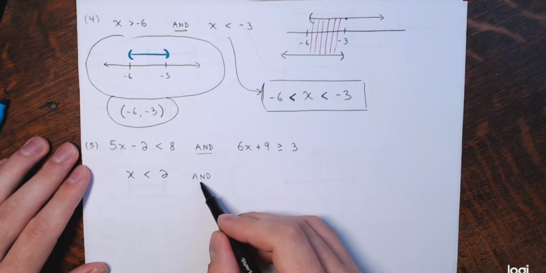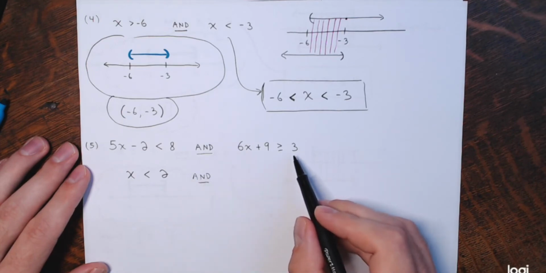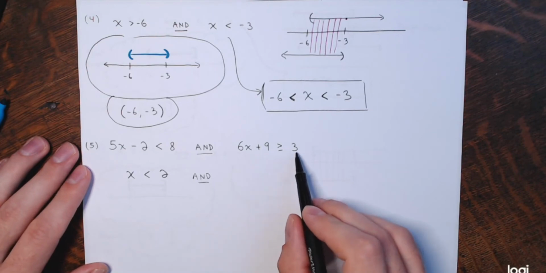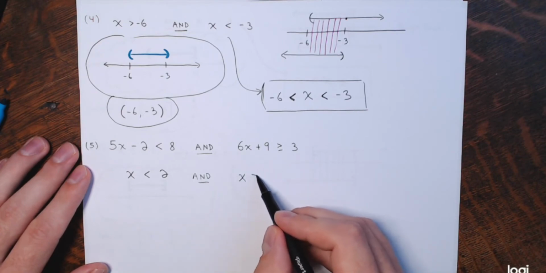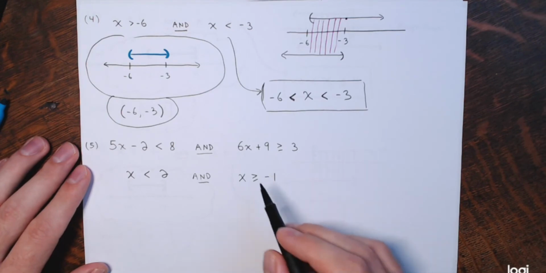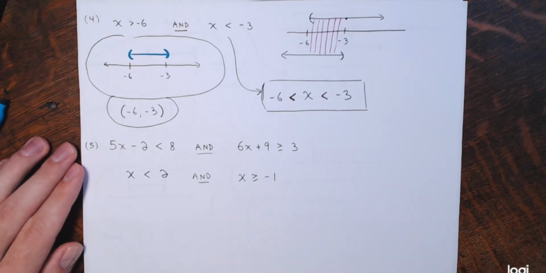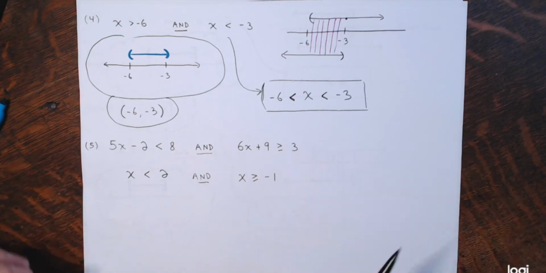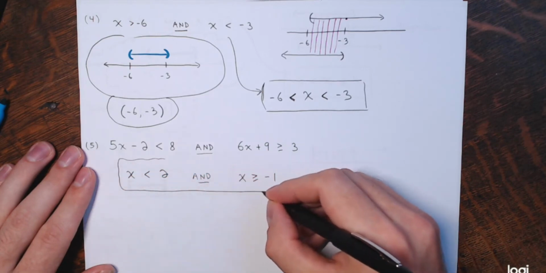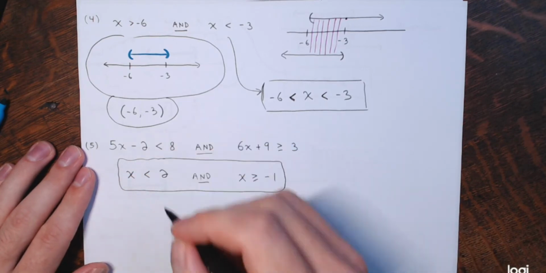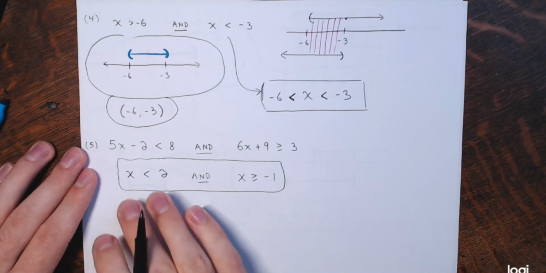And solving this inequality, first I would subtract 9, giving me 3 minus 9, -6 over here, and then divide by 6, giving me x greater than or equal to -1. The inequality wouldn't flip because I never multiplied or divided by a negative number, and I never switched sides with the expressions. So here I've solved the compound inequality. We have a description of the solutions here.